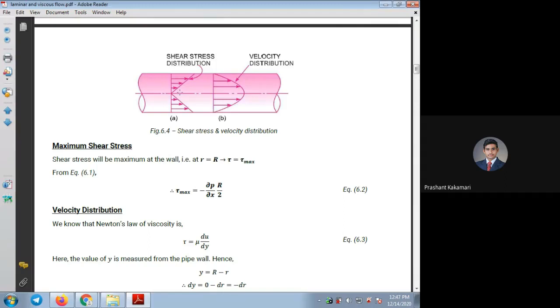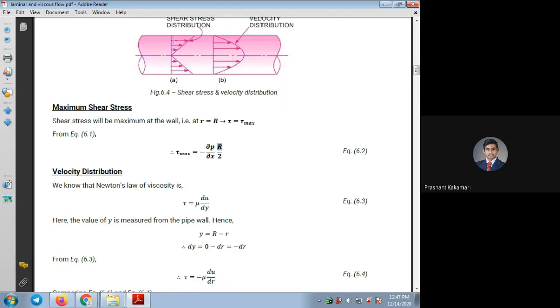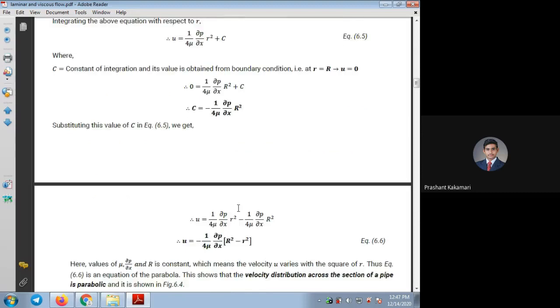But for the shear force, it is directly proportional. It will be varying in linear fashion. Here r is not a square, and it is changing with respect to x and directly proportional to r. Like that, it is varying in linear form.